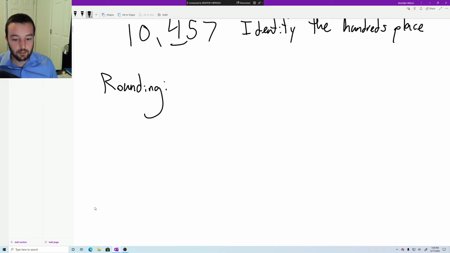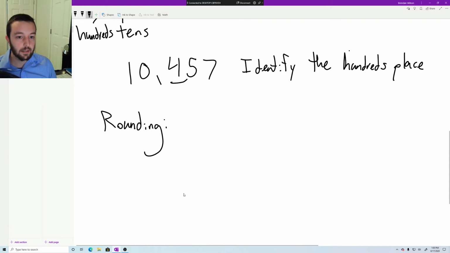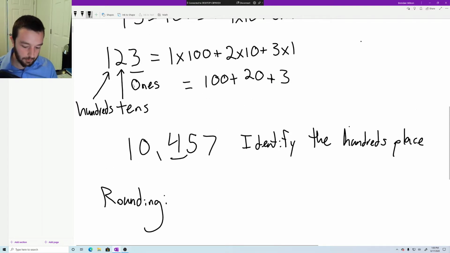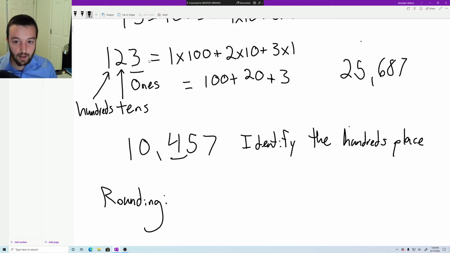Before we move on here, the book does talk about naming the numbers also. I'm just skipping that because I'm doing that as I go. I'm showing you, hoping that you can pick up on how I'm naming these numbers, like 10,457. Another example would be 25,687.